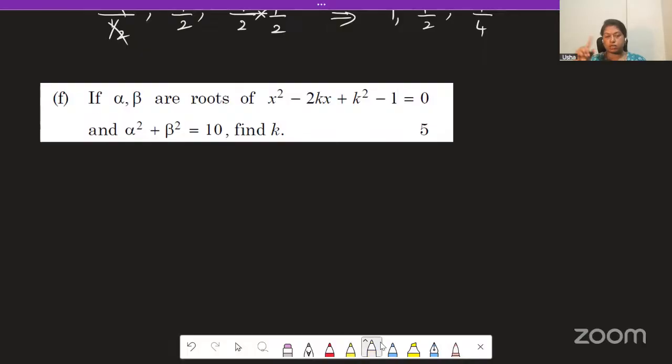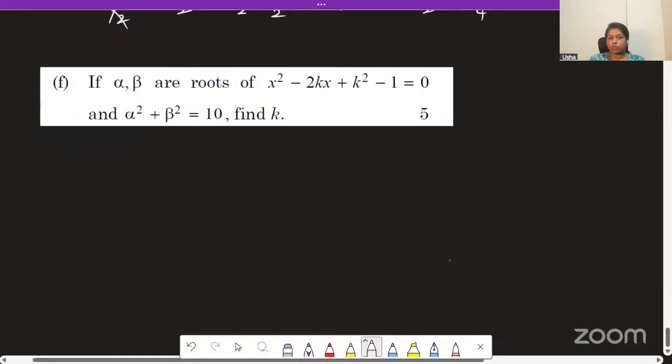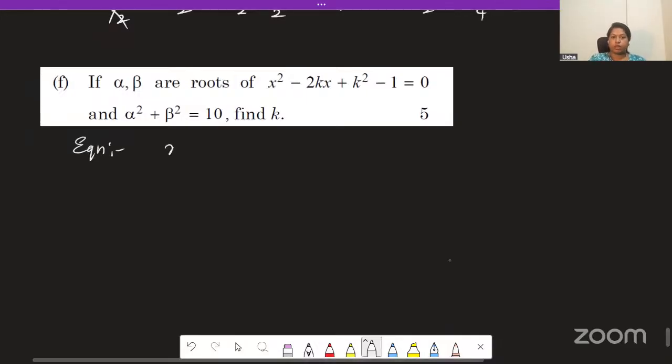We use the sum and the product of the roots formula. Alpha and beta are roots. The equation given is x square minus 2kx plus k square minus 1 equals 0.